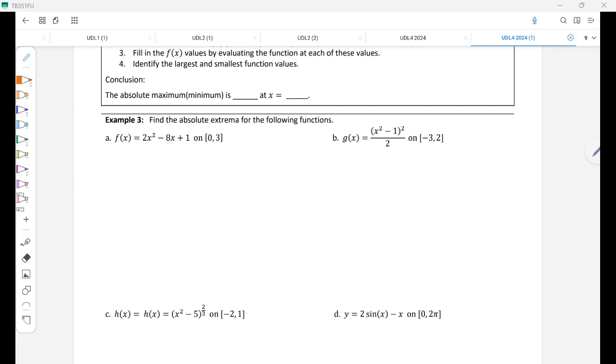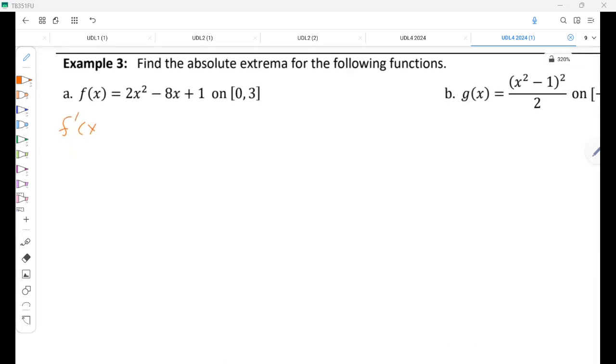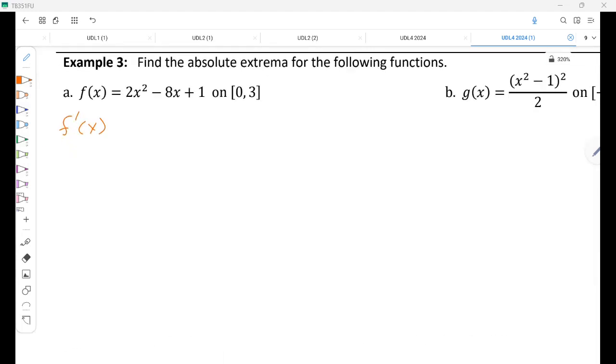We need to first identify the critical values. So we need to find f prime of x. I write better when it's bigger. And that f prime is 4x minus 8. And we want to know when that equals 0 because those are critical values.